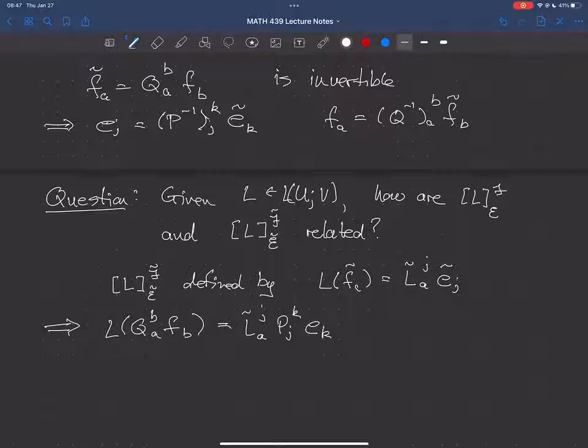Notice in terms of the summation convention that I have to leave the free index on each side the same. A is free here, in other words not summed over, so it has to be also free here. J is being summed over here.